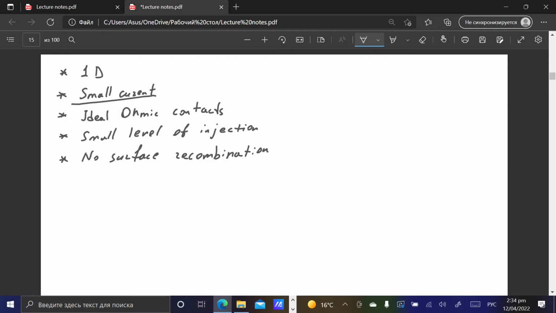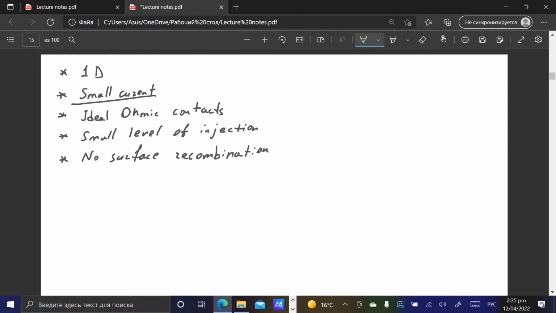When we derive this ideal current voltage characteristic, we assume that there is no generation via these deep traps or recombination processes within the depletion layer. We assume that the electric field is so strong that it immediately extracts all charge carriers from there. So nothing is going on.